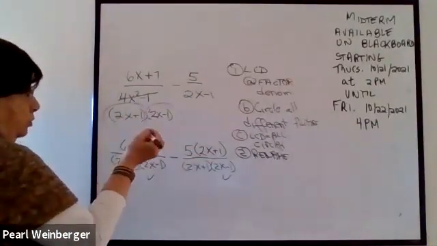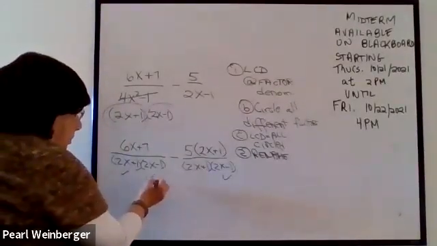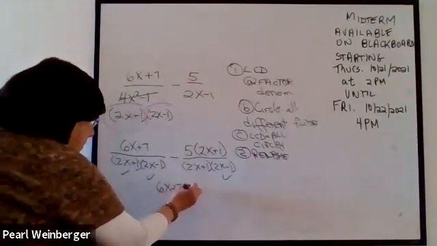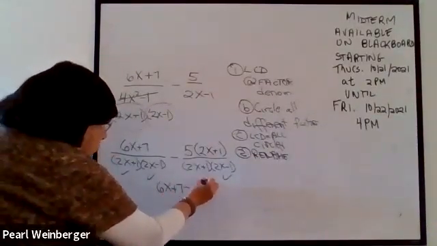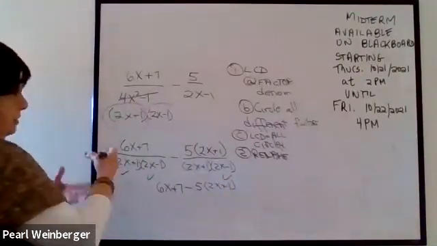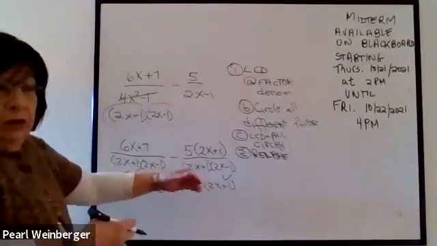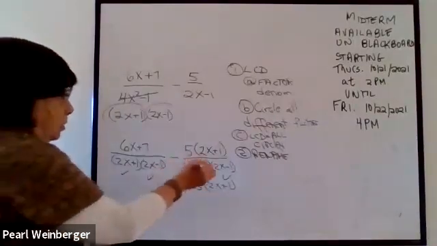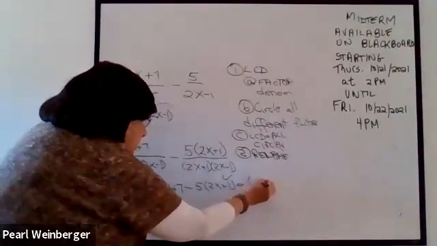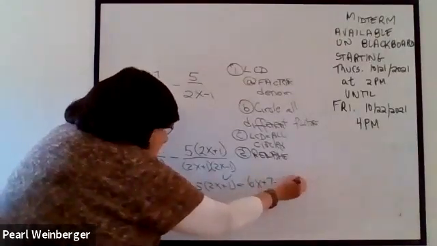So now we just work with the numerators. My numerator is the 6x plus 7 minus the 5 times the 2x plus 1. I'm going to simplify this and combine everything, and after I've done that, I will put it over the common denominator. So this will give me 6x plus 7 minus 10x minus 5.